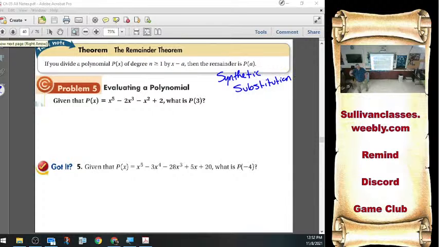It says if I do synthetic division with a number, my remainder at the end is the exact same as if I had just done plug it in.